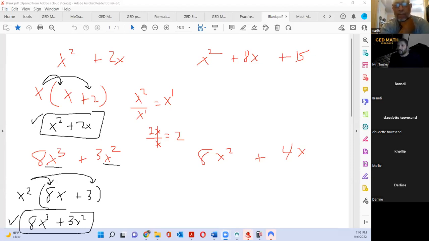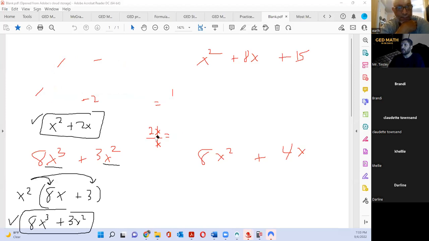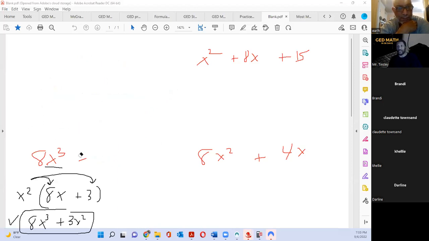I apologize. So let me save this and let me clear this left side. You're going to have to be able to multiply binomials or multiply polynomials. That's a skill that's definitely on your GED.